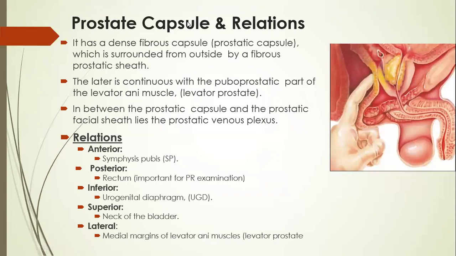Now coming to the prostatic capsule and relations. This is very important clinically because the prostate has the capacity to hypertrophy as well as go for cancers. It has a dense fibrous capsule called the prostatic capsule, which is surrounded from outside by a fibrous prostatic sheath.